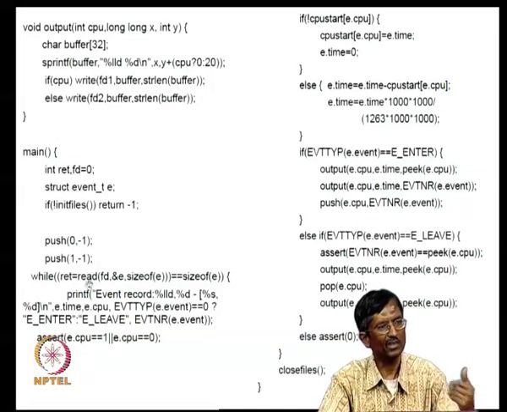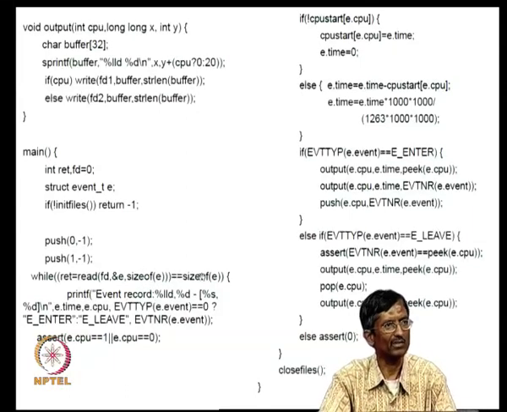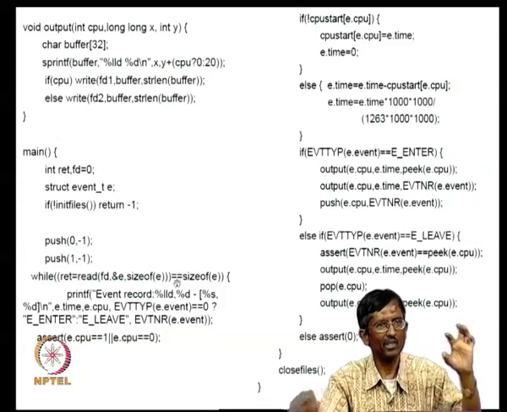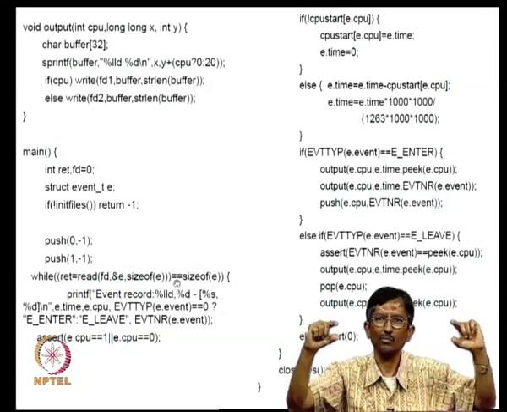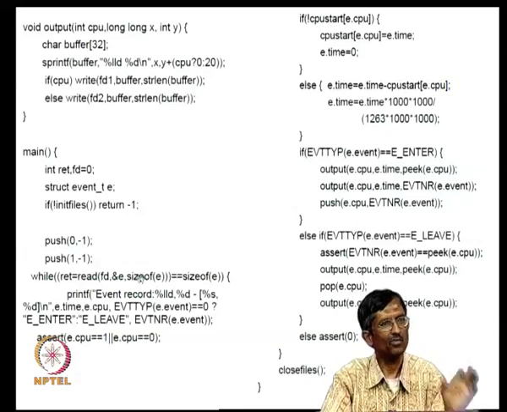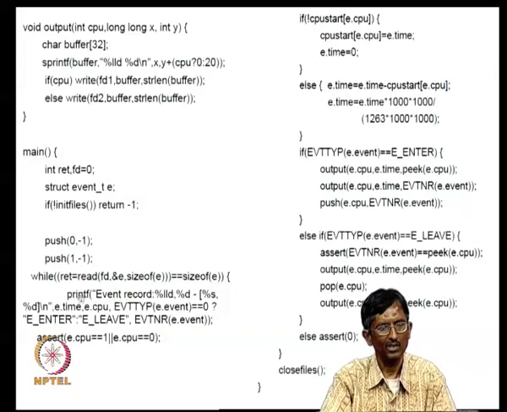If you ask it to read 1 unit, it should be the same size that you read, because the size of E is the event size, the information about one particular interrupt. You are just checking that whatever you read, the first entry, should actually have the size of that event.